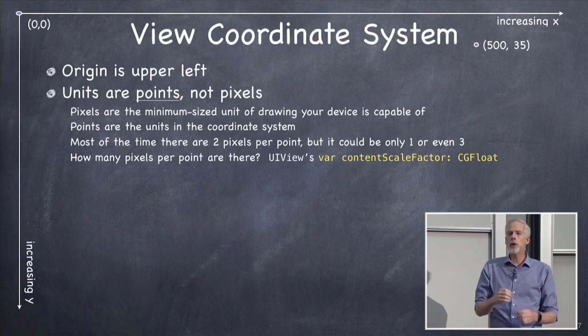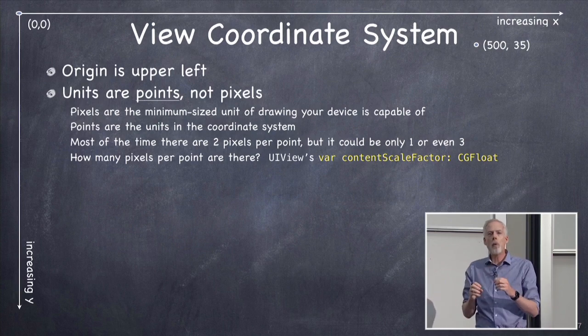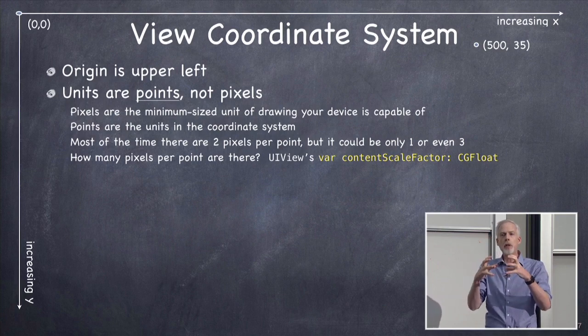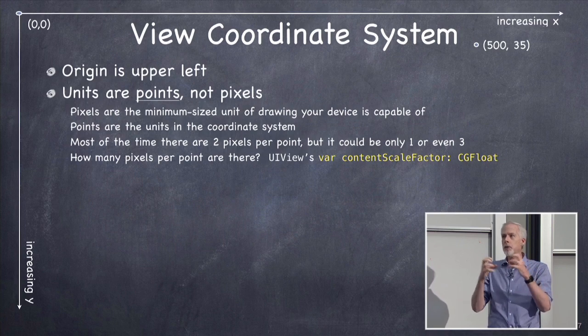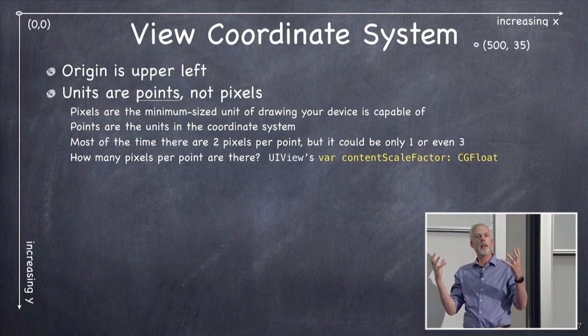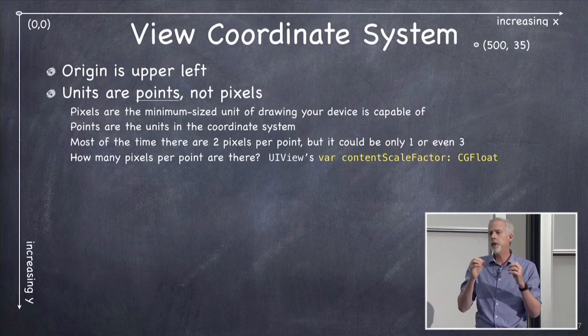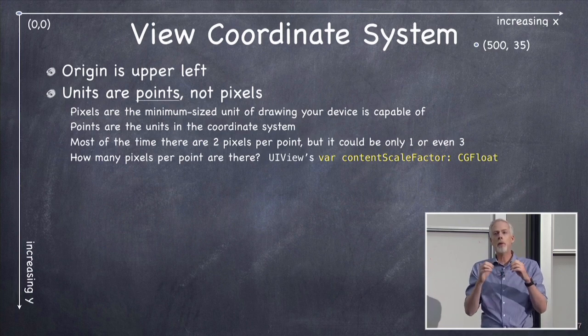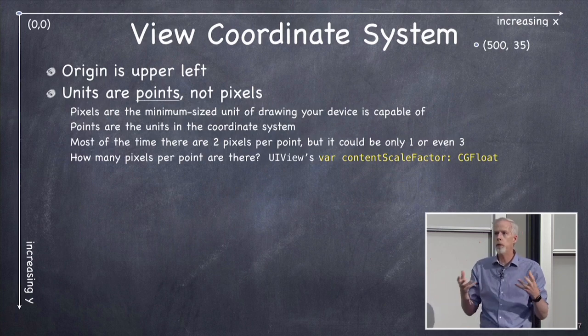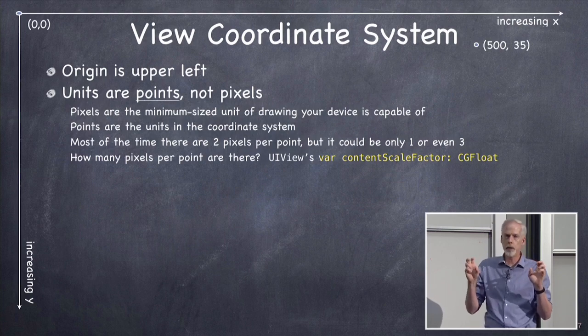But we can't make it so that we draw in the pixel space. Otherwise, on a very dense pixel screen, our image would be really small, and on a less dense one, it'd be really big because the pixels are really big. So instead of drawing in pixels, we draw in points. This is the same point, by the way, as the point size of a font, a 12-point font. We're talking the same word there, same point.